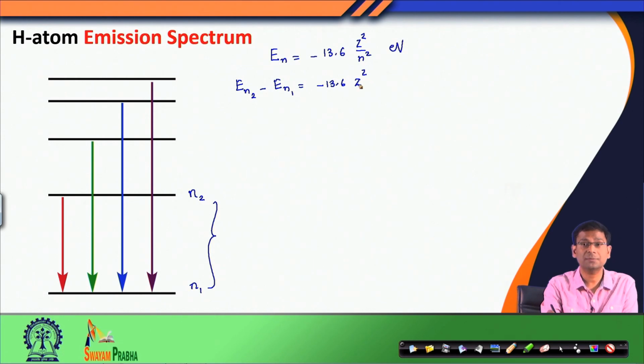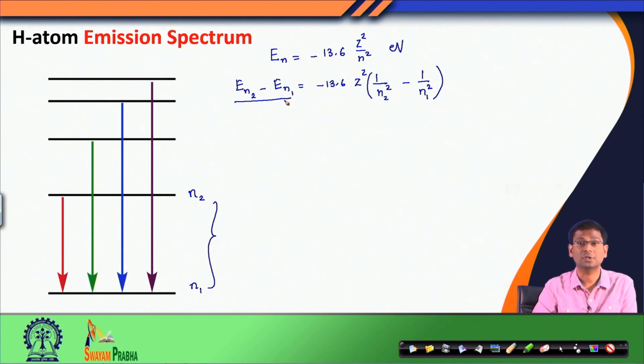I am keeping Z squared, though if I am considering only hydrogen atoms, Z becomes 1 and its effect will be nothing, but to make the expression generic for all hydrogen-like systems, I am retaining this Z squared. So, this is 1 over n2 squared, the energy of the n2 level, minus 1 over n1 squared for the n1 level. This is the energy difference between the two levels.